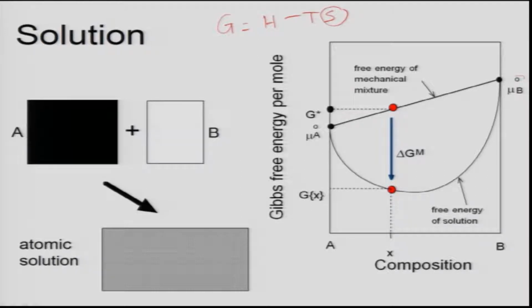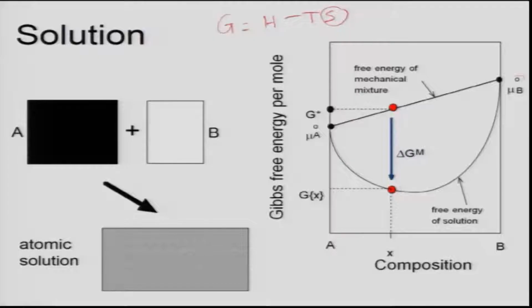Delta G m, what is written here, is the difference of free energy between a solution here and a mechanical mixture. That is why a solution is more stable than a mechanical mixture, always. That is why alloys are more stable than mechanical mixtures. That is why it is easy to make alloys, because it is the free energy which stabilizes them.